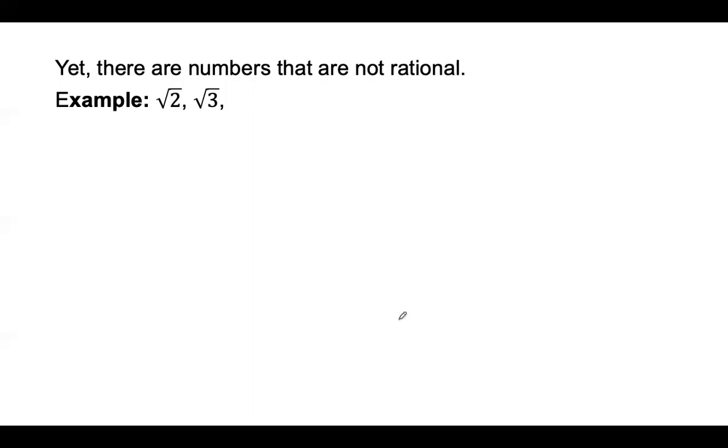Actually it was the first proof that I ever saw at university, so I do advise you to read it. You can't write this as m over n, right? So you see why it's irrational.